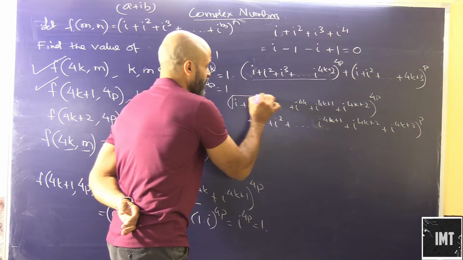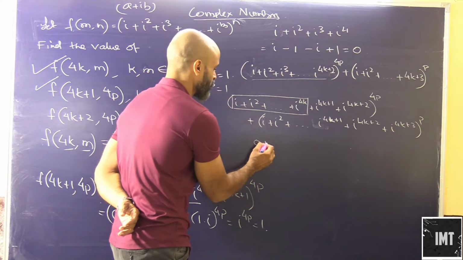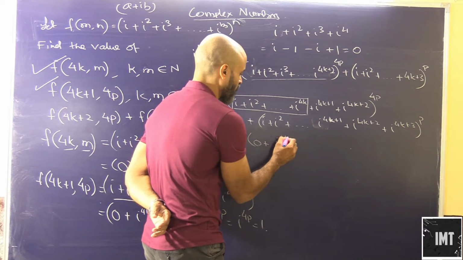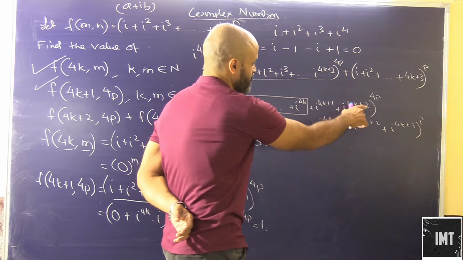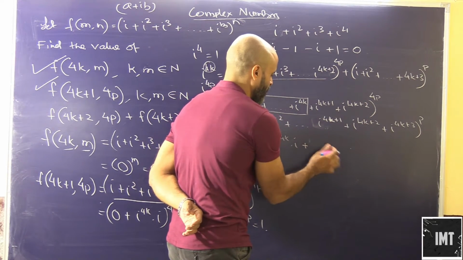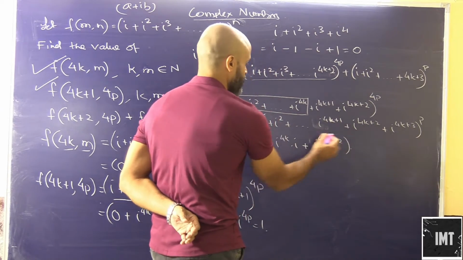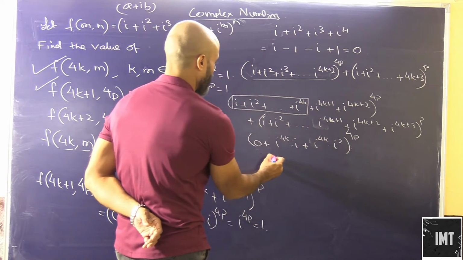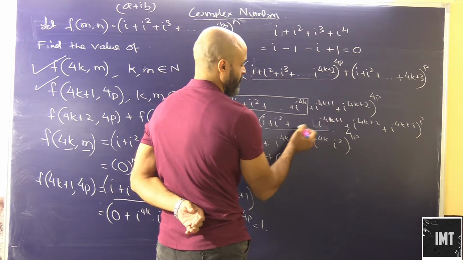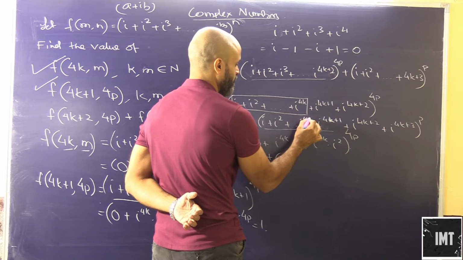So from here to here we know that it will be 0, so this will be 0 plus i^(4k+1), which means i^(4k) into i, plus i^(4k+2), which means i^(4k) into i squared, this to the power of 4p, plus from here to here 4k, okay, let's take it till i^(4k).